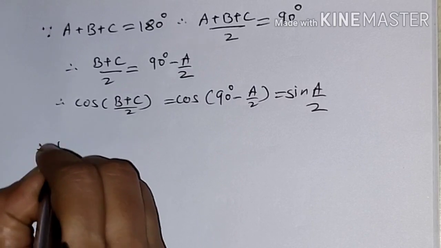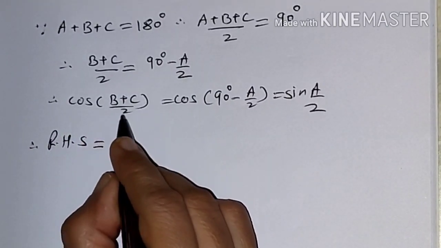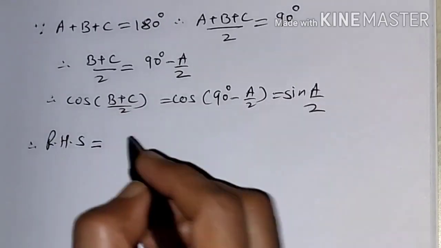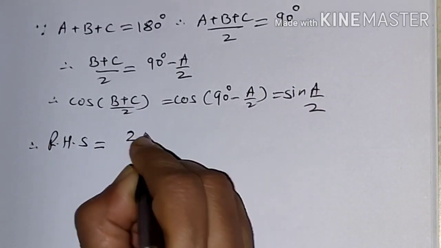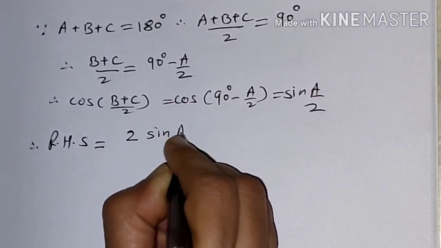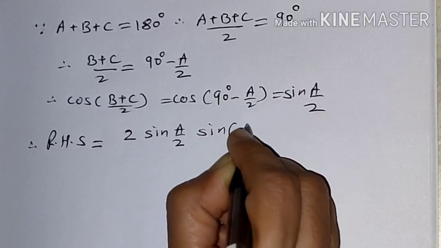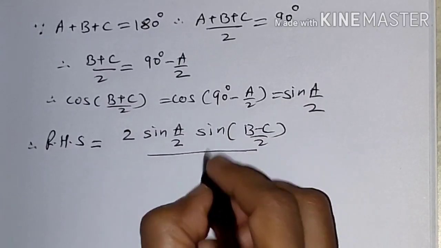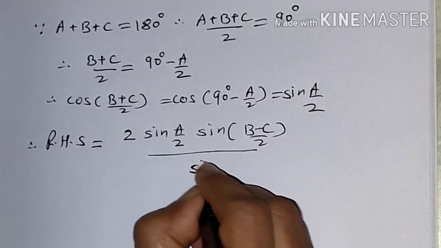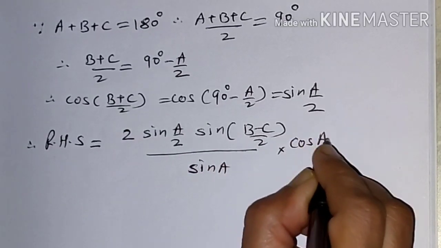Therefore, substituting this value of cos (B plus C) by 2 is equal to sine A by 2, we get RHS is equal to 2 sine A by 2 into sine (B minus C) by 2 upon sine A, and there is one more term here, cos A by 2.